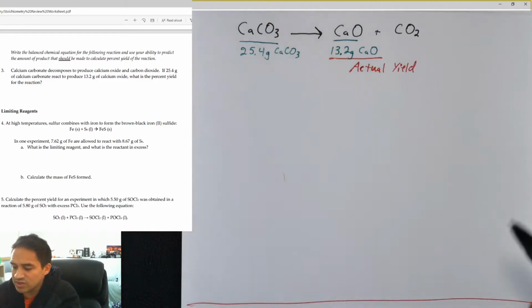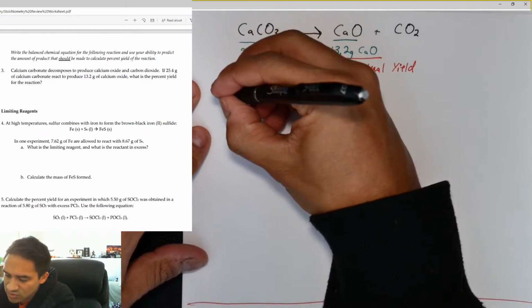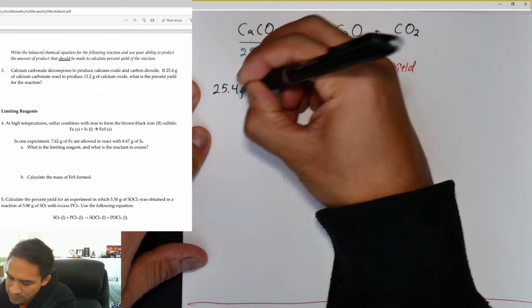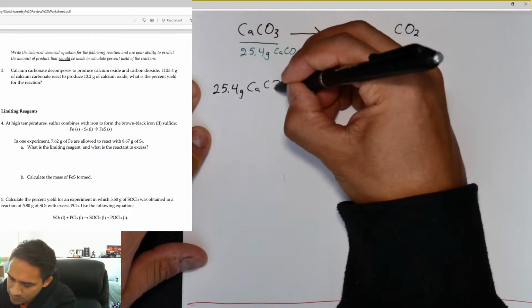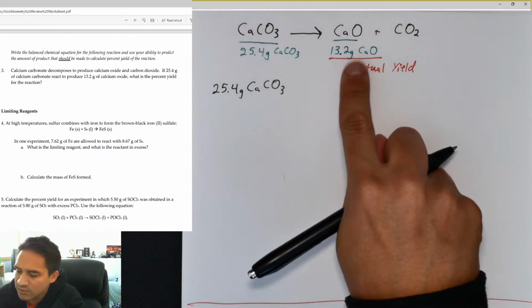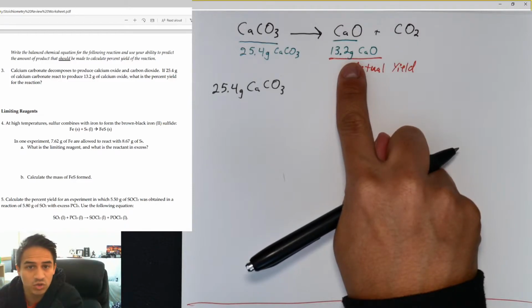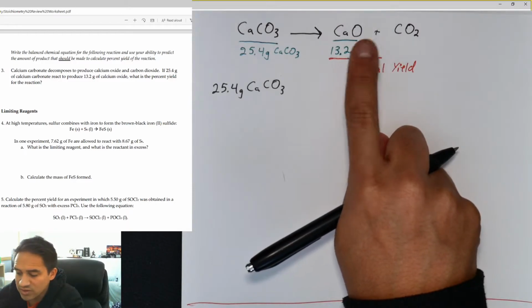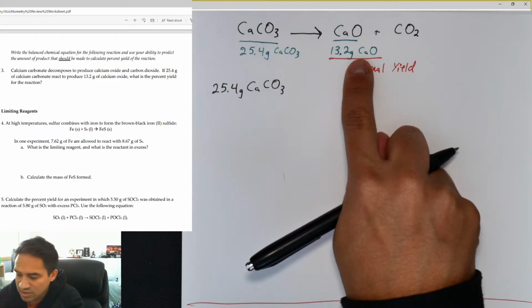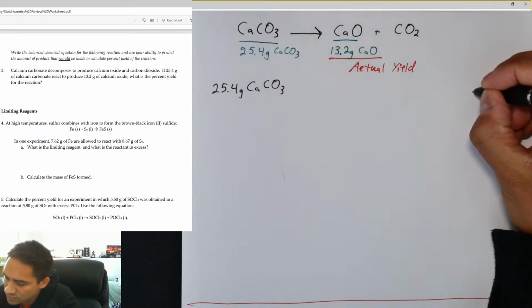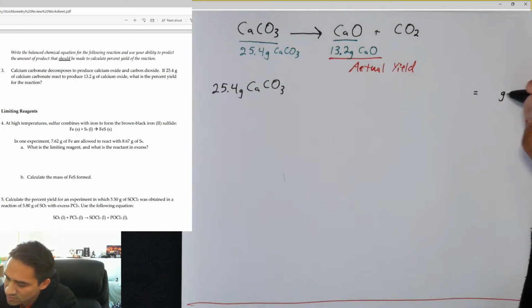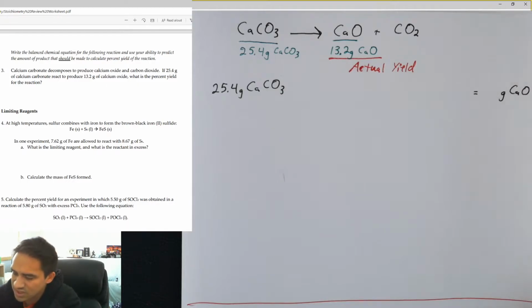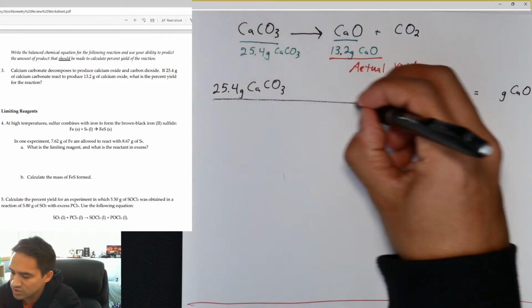So basically what we're going to do in this problem is we are going to start with 25.4 grams of calcium carbonate, and we are going to calculate how many grams of calcium oxide we should be able to make. Then we'll compare it to the number they're giving to us in the problem. So over here, we're going to end up in grams of calcium oxide. And we're just going to do a conversion.